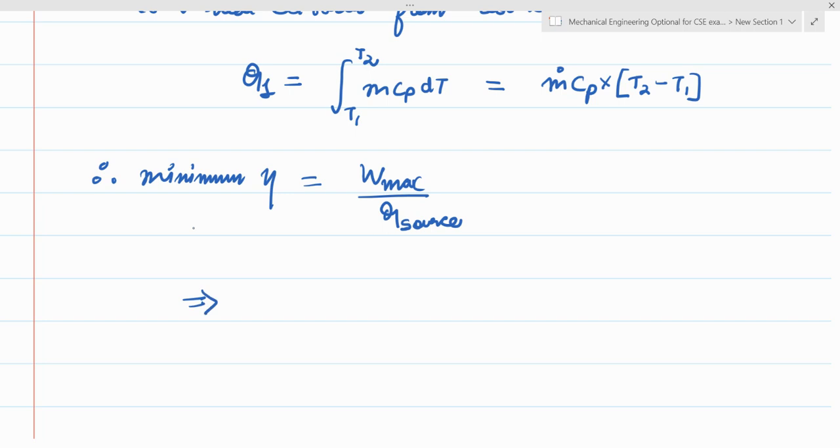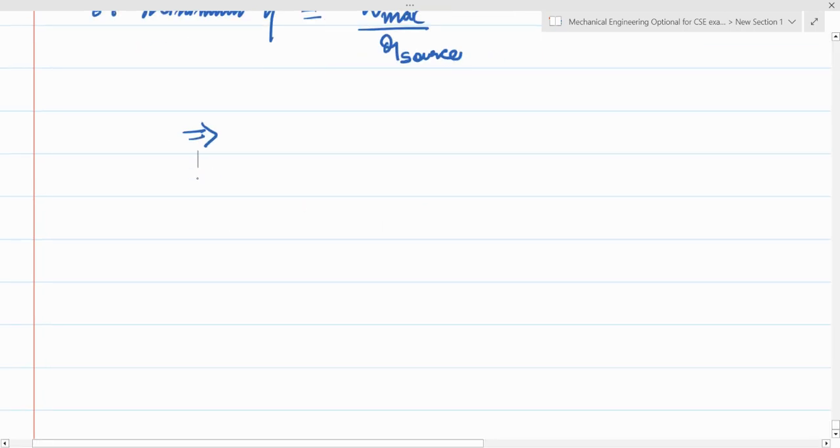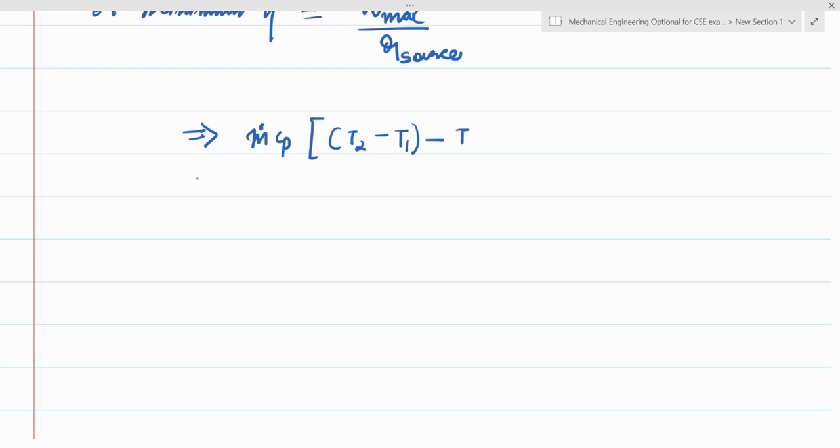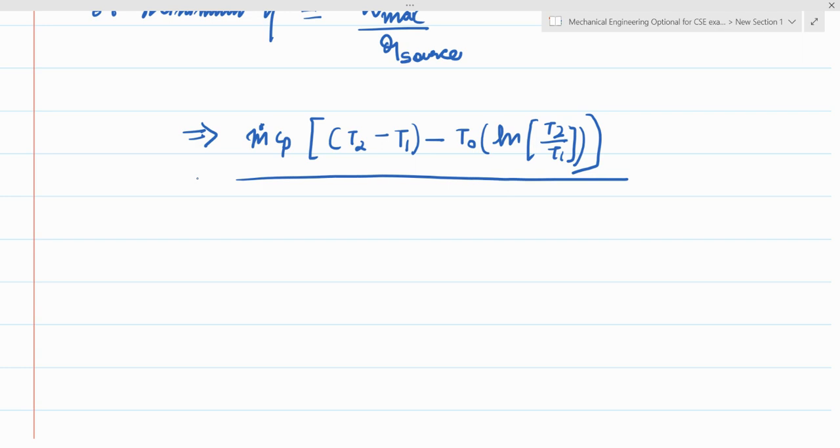Now putting in the values, this shows m dot Cp into T2 minus T1 minus T0 ln T2 by T1, divided by m dot Cp into T2 minus T1.